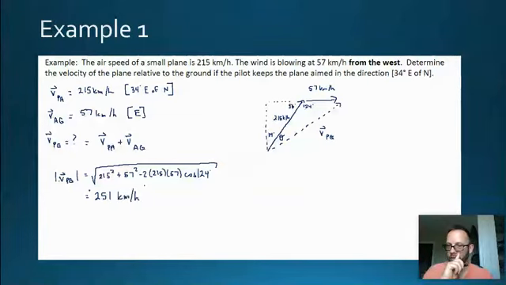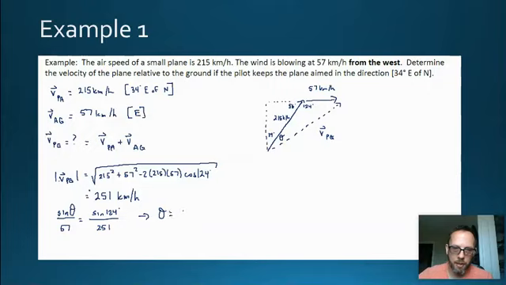If we just think about this and use some common sense, I can buy that. The plane was flying in kind of a northeasterly direction, and the wind is kind of helping it along, blowing east. So it does make sense that the speed of the plane actually increased a little bit. What's the angle? So sine theta over 57 is equal to the sine of 124 over 251.